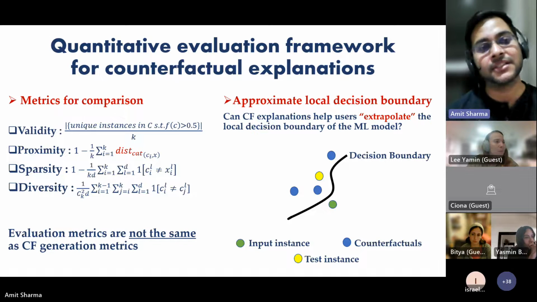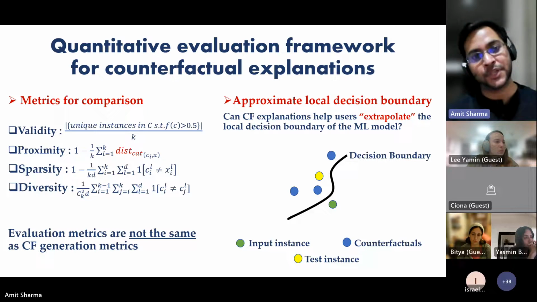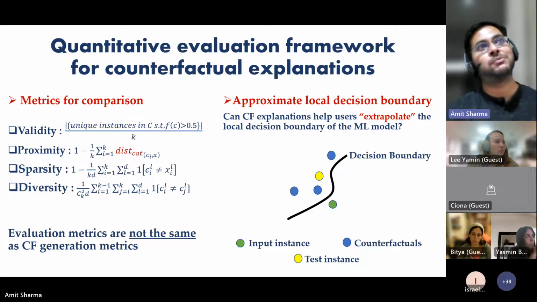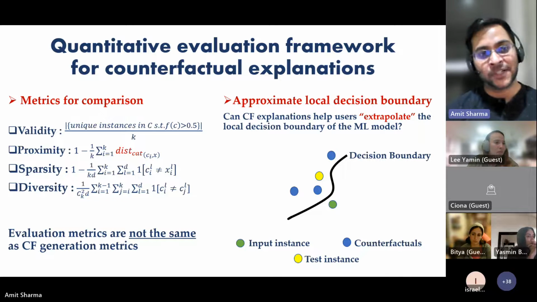And the reason is that if you think about the real goal of any explanation method, that is to make the end user understand the model better, right? But the moment you say understand the model better, people disagree on what exactly that means, right?